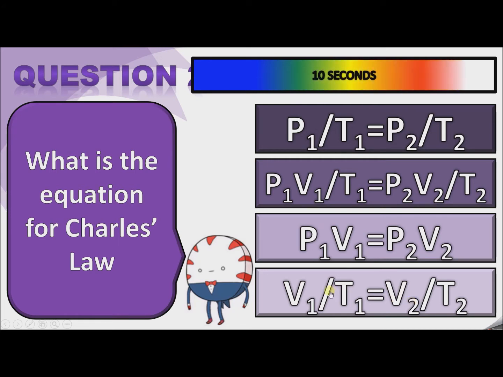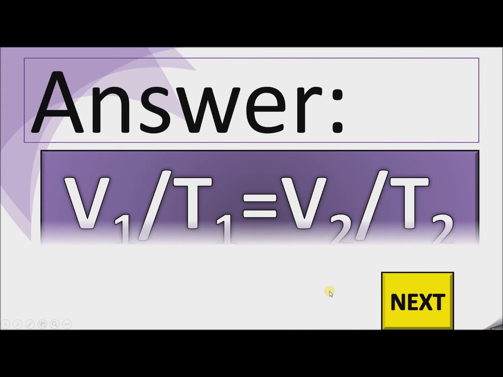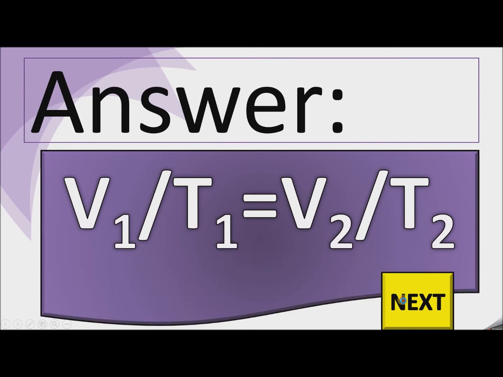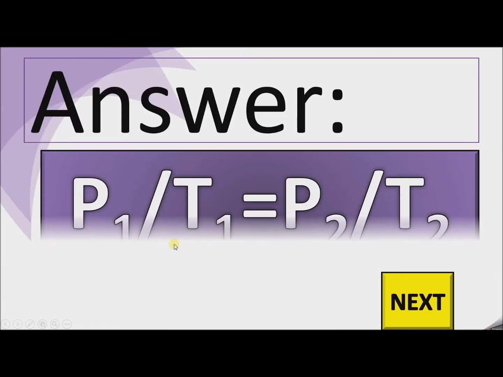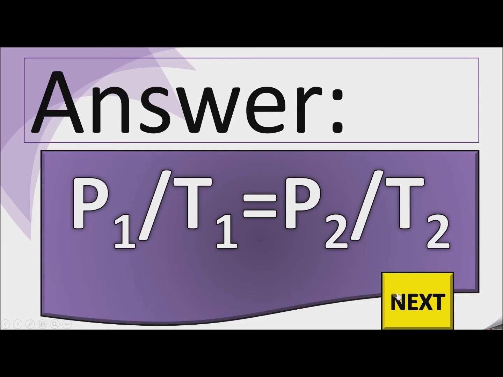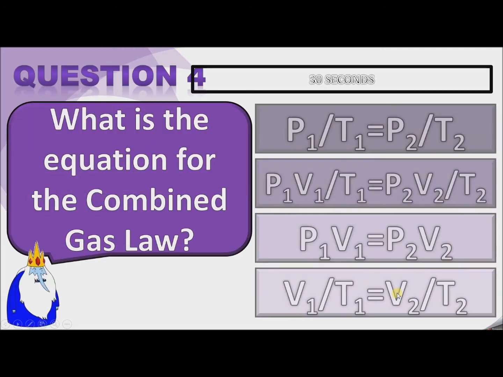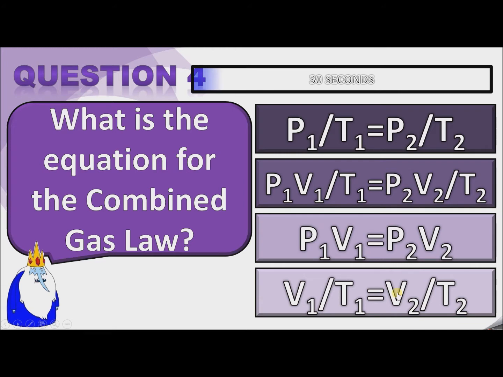Ayan, tama ulit. What is the equation for Gay-Lussac's law? We have P1T1. I think, ayan, tama tayo. Next, what is the equation for the combined gas law? We have P1V1 over T1.